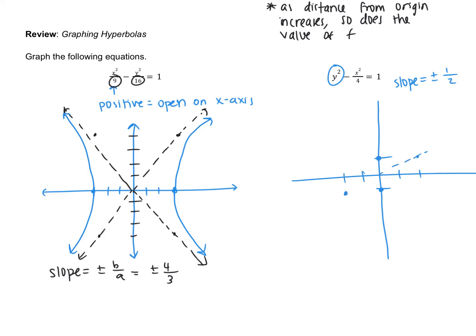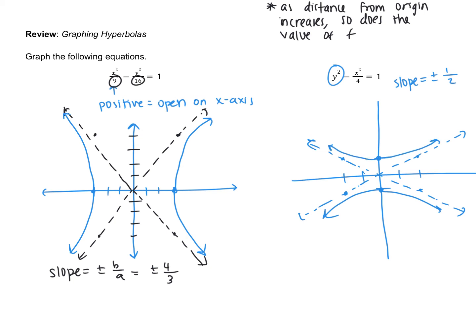So here is going to be one asymptote. There's going to be the other one, and then our hyperbola will follow our 2 asymptotes.